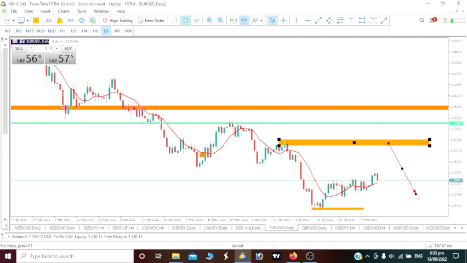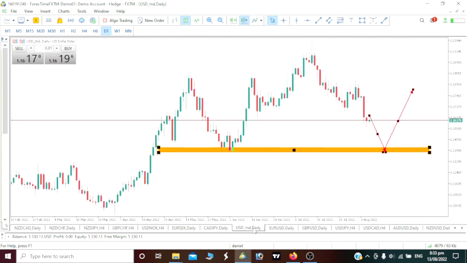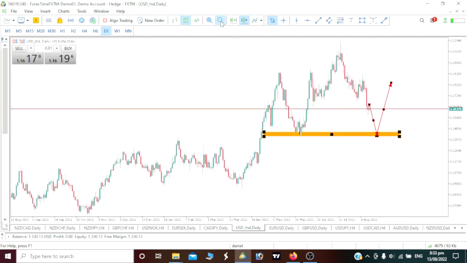So very likely we will be seeing a continuous bullish move on our Euro USD, while our USD index will continue to drop to this support level, then maybe a reversal move.